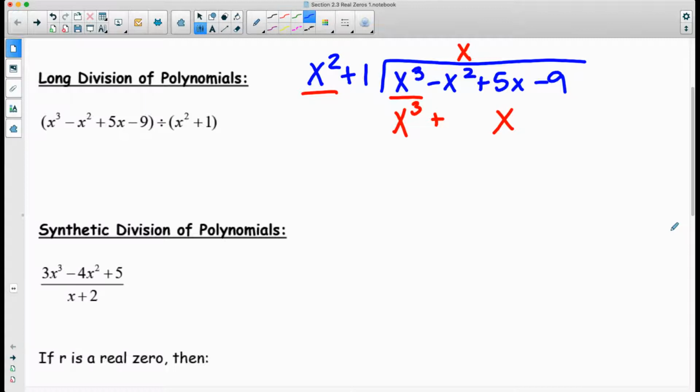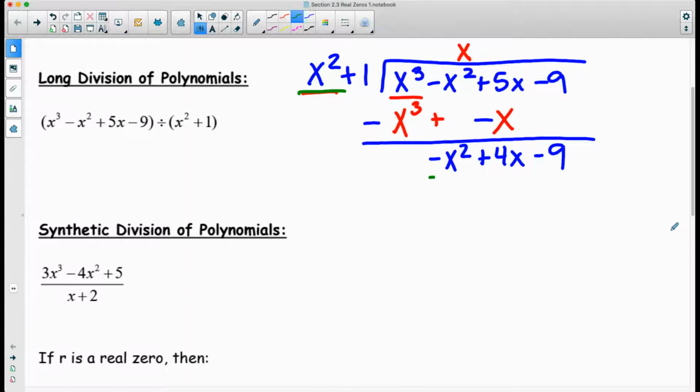The next part is we are going to draw our line and change our sign. So if it was positive, it's now negative, okay? And I add straight down. So here, I get 0. I bring the negative x squared down. This gets me 4x minus 9. Now I start over.